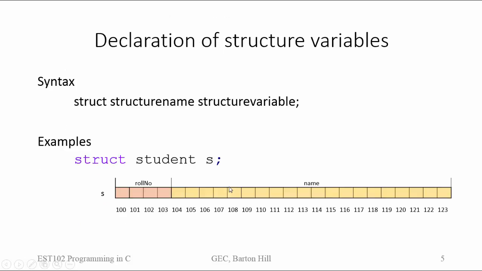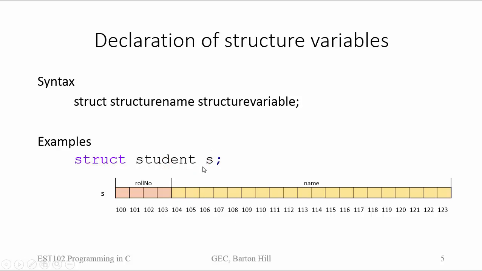Now we will see how we can declare structure variables. We have defined a structure student. Now how can we declare variables of the structure? The syntax is struct, structure name, then structure variable, semicolon. For example, to create a variable for structure student, we use the statement struct student s.